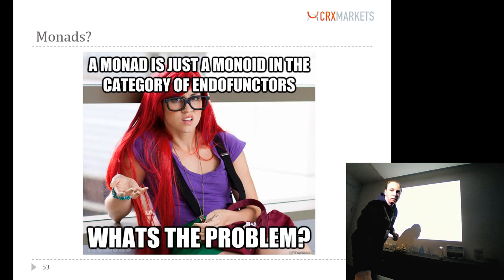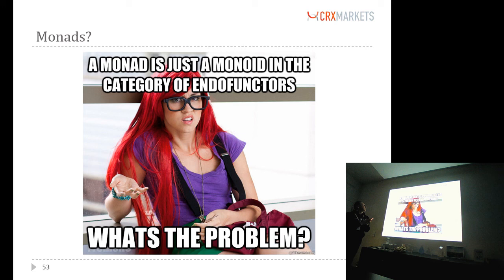So yeah, this pattern is called monads. I won't describe what a monad is because I would probably require another hour, and you can also read a lot of tutorials on the internet and watch videos that explain what those are. I like this explanation: a monad is just a monoid in the category of endofunctors. So what's the problem? Of endofunctors, sorry.